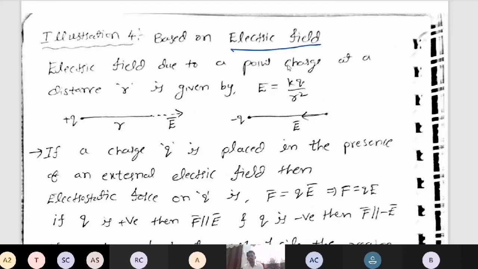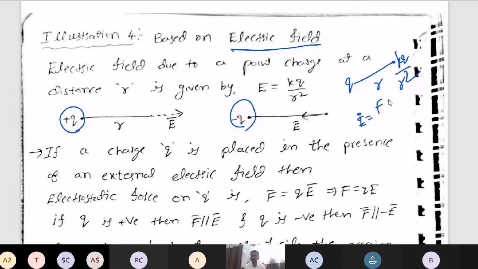What is electric field? The effect of a charge on the surrounding charges, where there is a charge, plus or minus. So due to a point charge at any distance r, the field is kq by r square, and field depends on force, because electric field at any point means the force per charge on whichever charge is placed at that point.